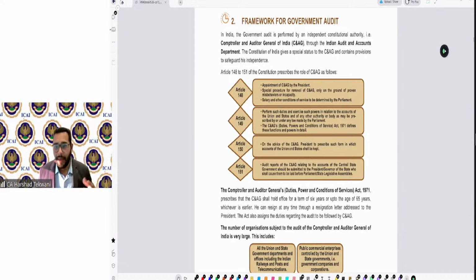Now, let's say, for example, you are auditing a particular scheme. All these schemes are run by a particular department. It could be food and safety, or telecommunication, or XYZ Ministry of Government. Those departments or ministries of the government are responsible for execution of those schemes.